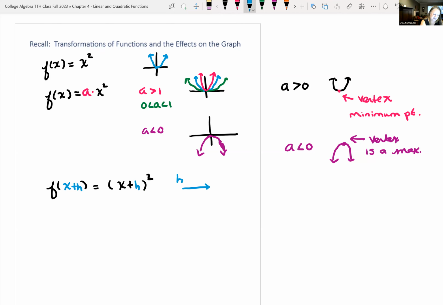So if h was less than 0, we shifted to the right that number of units. If h was greater than 0, we shifted the vertex to the left that number of units.